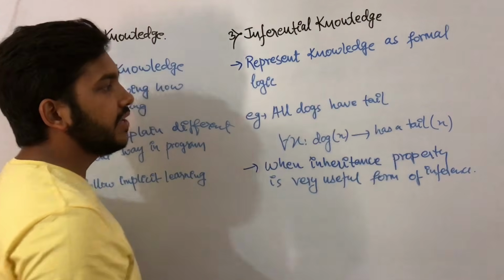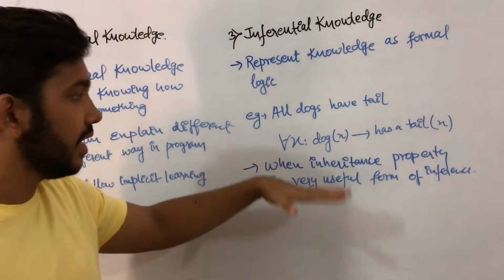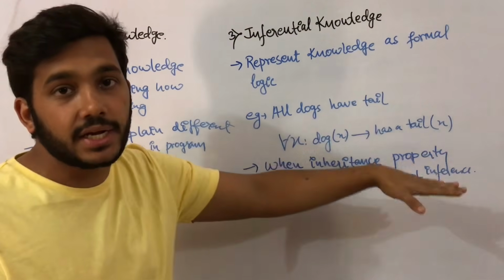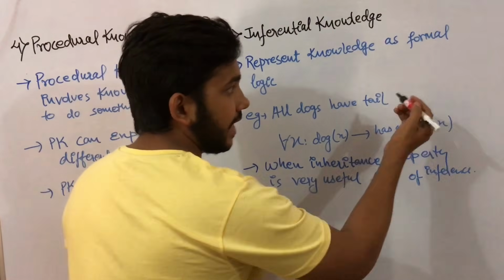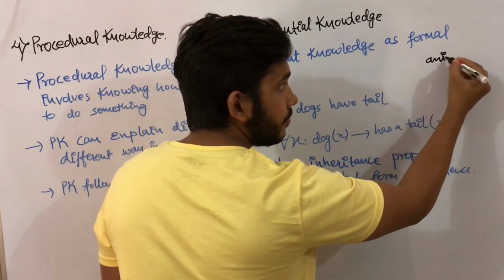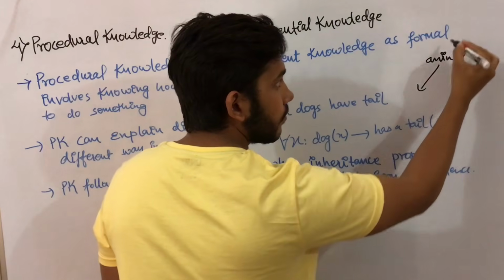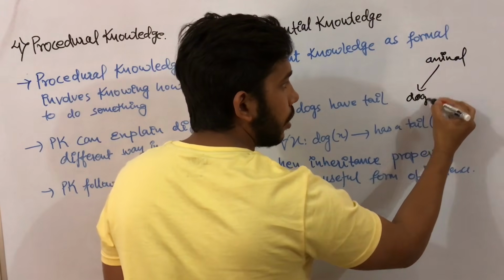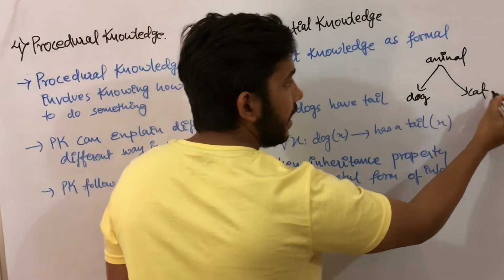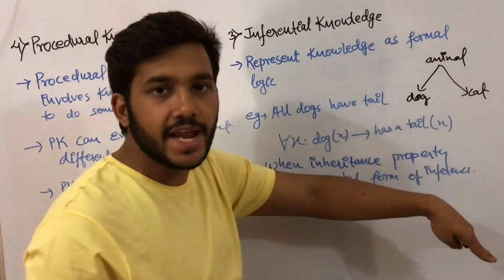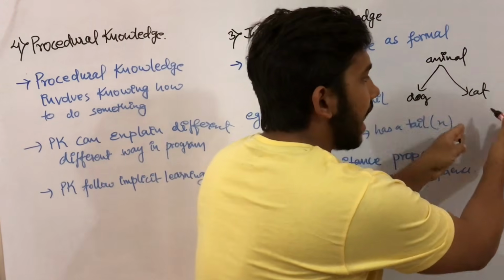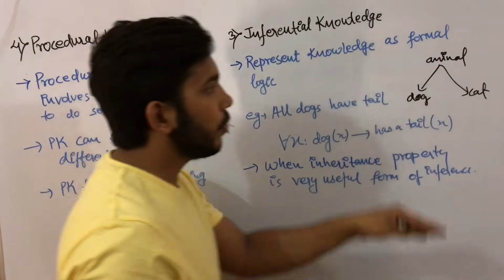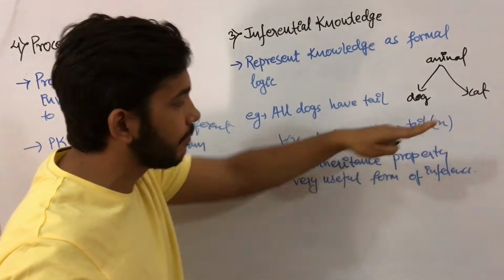You can even infer, if a cat has a tail and a cat is an animal, then if dog and cat belong to the same type of animal set and the dog has a tail, we can say the cat will also have a tail. This is the inheritable property.